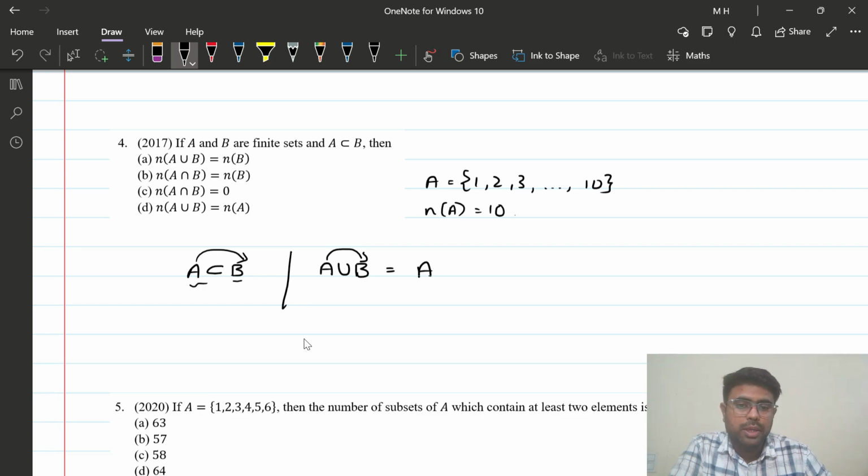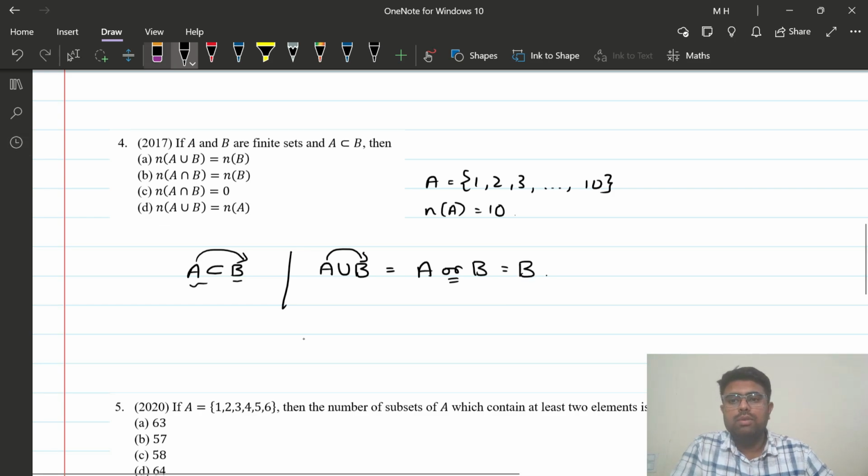It is A or B. So we are basically going to list down the set of all elements which are either in A or in B or in both. But the elements of A are already in B. So if I list down the elements, I'm basically going to list down the entire set B. So it is going to be B.